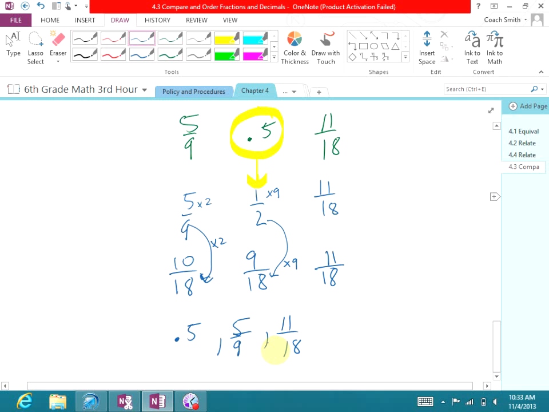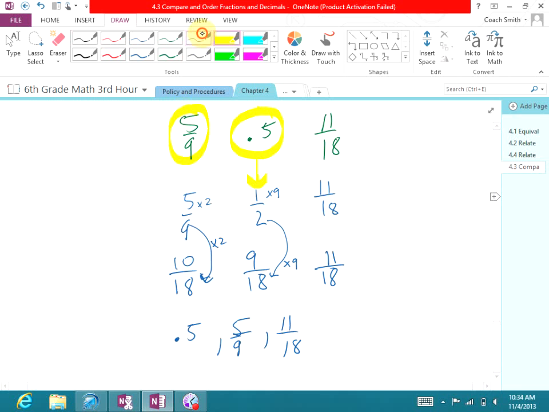Okay? Now, listen. The other thing is this. If I look at the fraction 5 over 9, what is half of 9? 4.5. Okay?